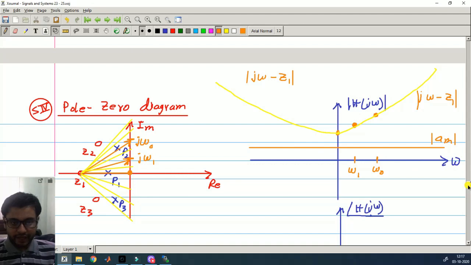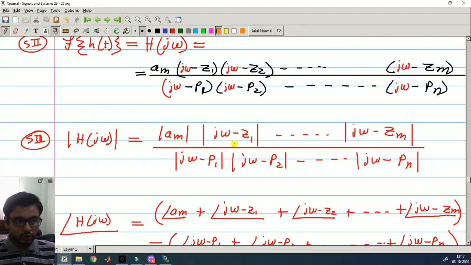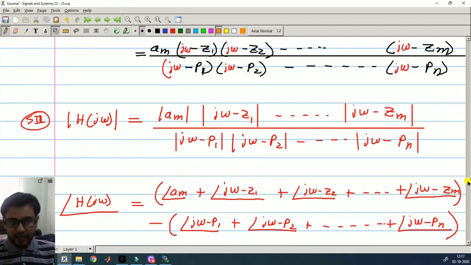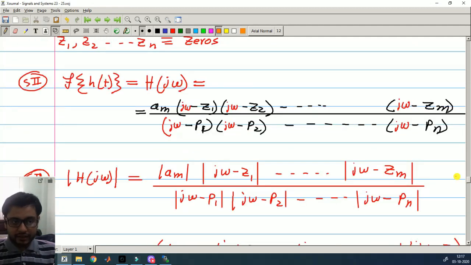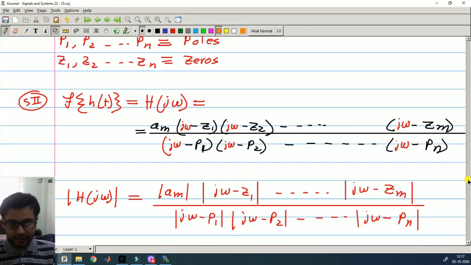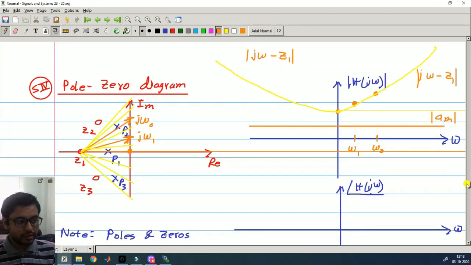In the same way, you can plot j omega minus z2, zm, all other terms. Okay, and then you have to multiply all these terms. Suppose Z2 is here.